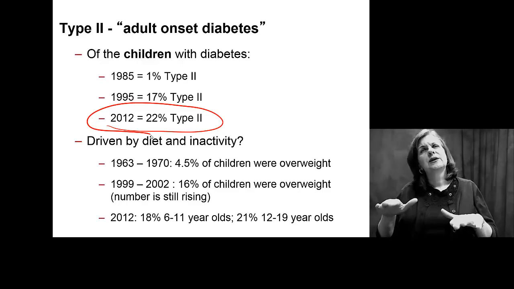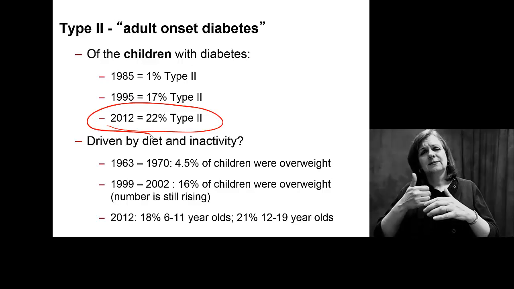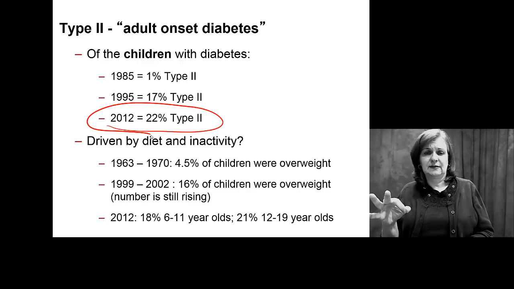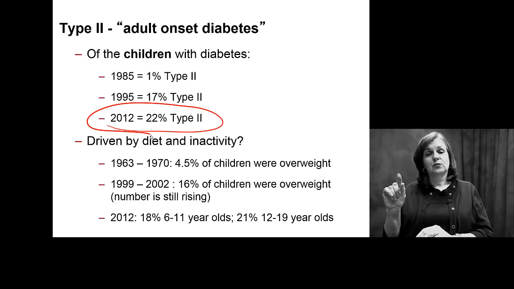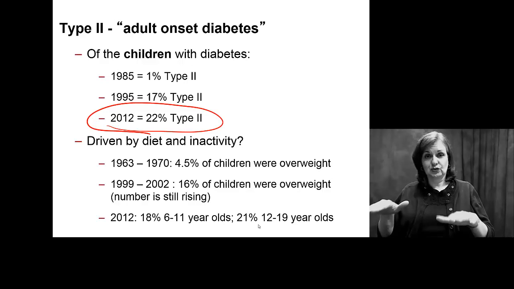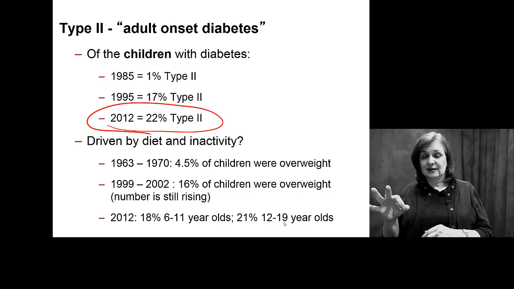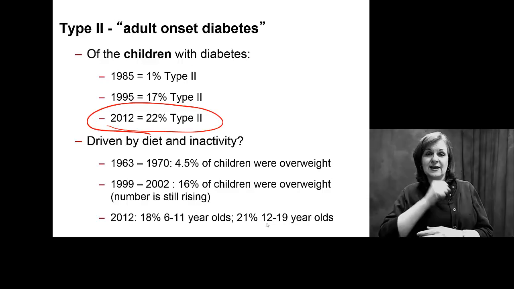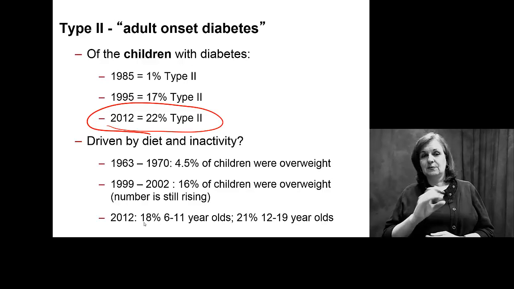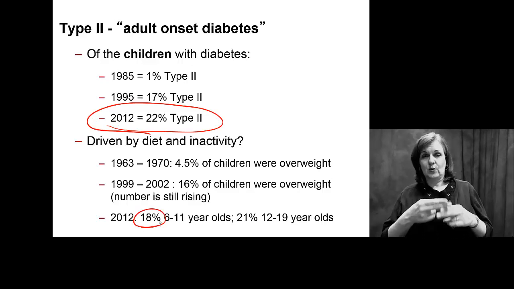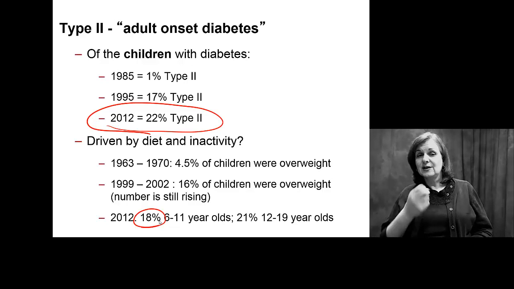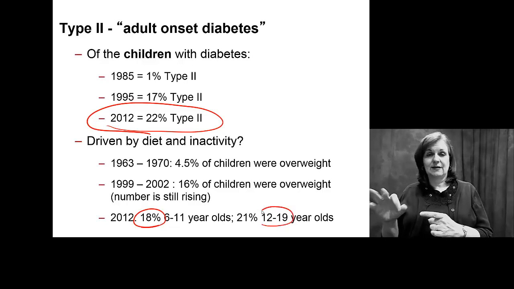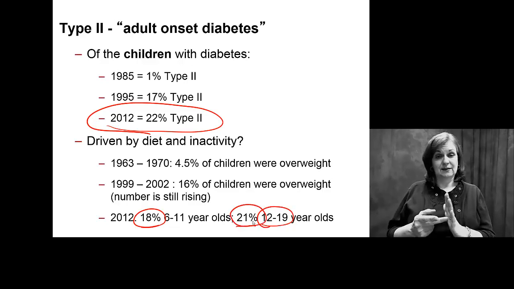So if you think about the number of children with diabetes under the age of 19, and I have here for you, in 2012, we're looking at huge numbers of individuals under the age of 19 that are overweight. So between the ages of 6 and 11, 18% of those children are overweight by definition. 12 to 19-year-olds, we have 21%.